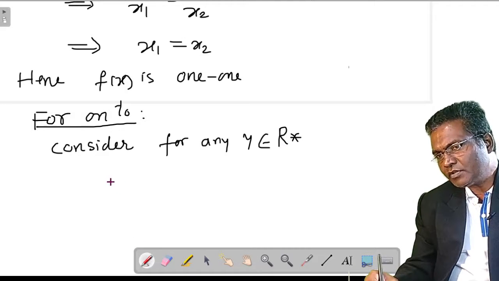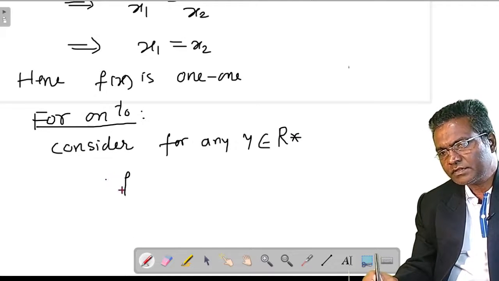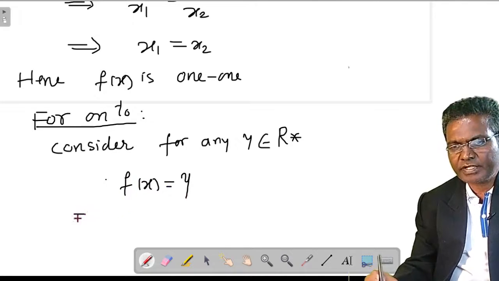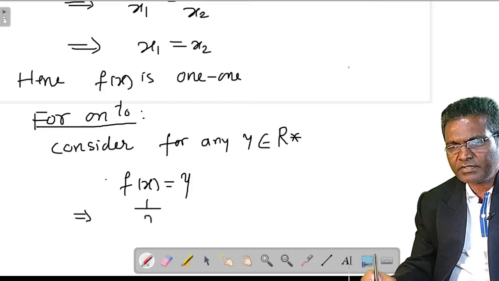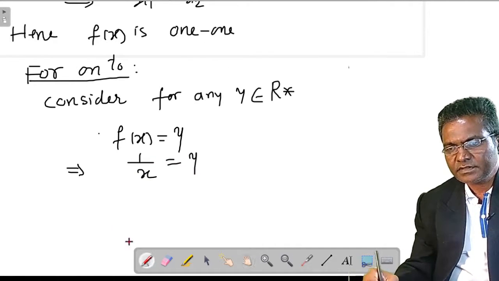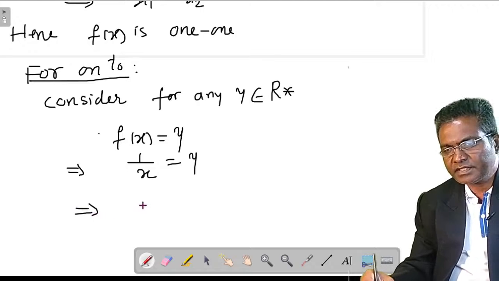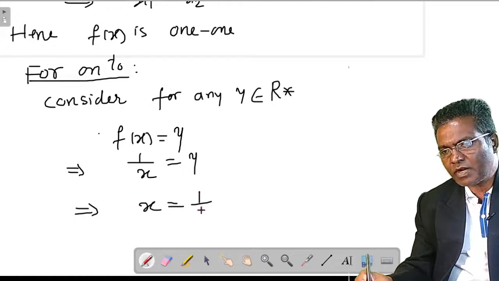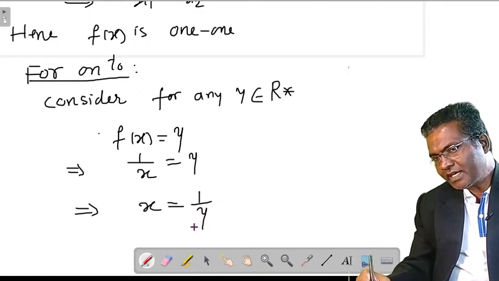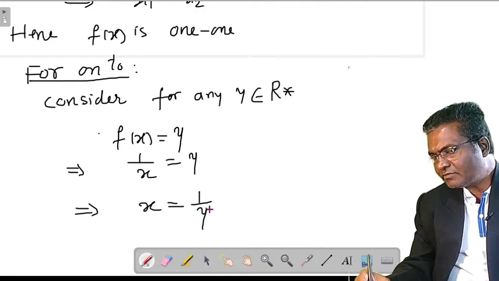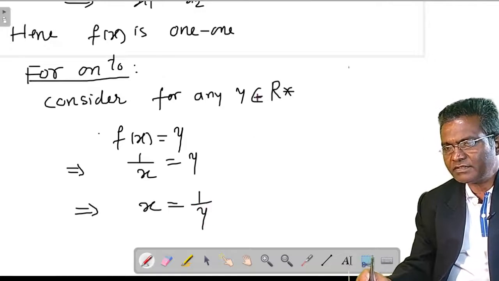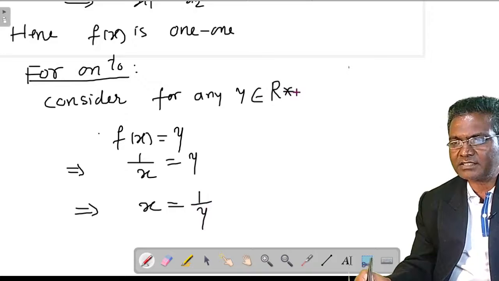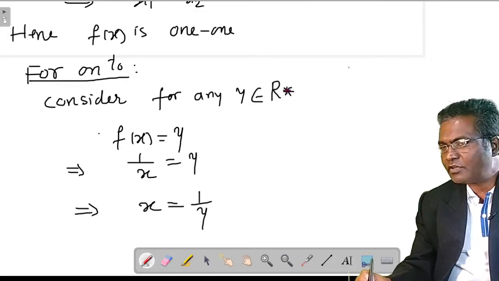For any y belonging to R star, f of x equals to y. So this implies 1 by x is equal to y. Taking reciprocal, x is equal to 1 by y. And y can never be 0 because y belongs to R star, the set of all non-zero real numbers.